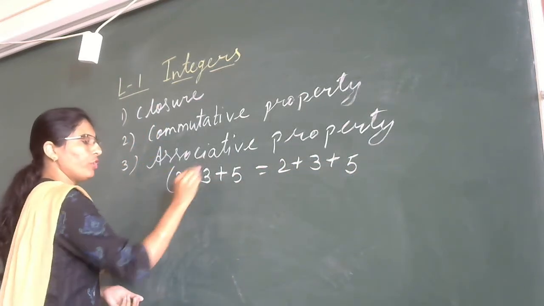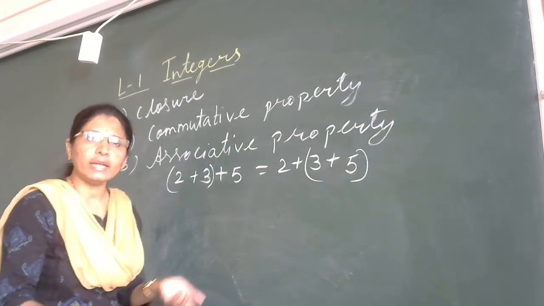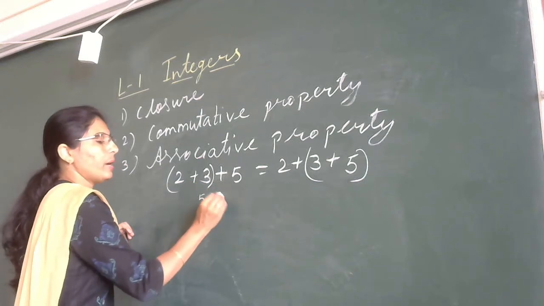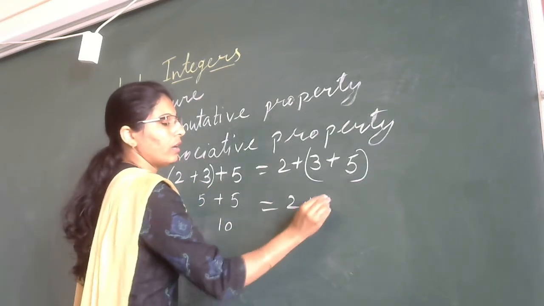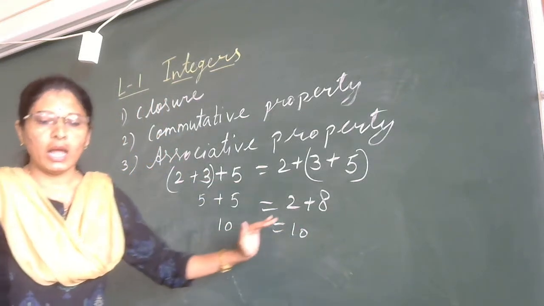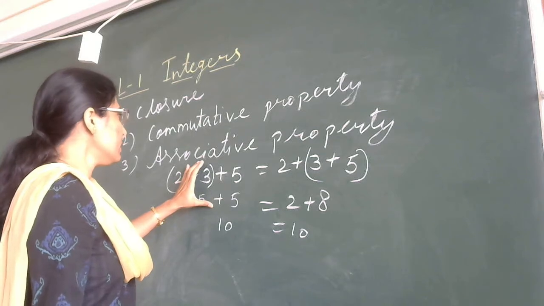If you group 2 plus 3 or group 3 plus 5, we will get the same result. That means 2 plus 3 is 5, plus 5 is 10, and 3 plus 5 is 8, plus 2 is 10. So the addition of integers is associative.